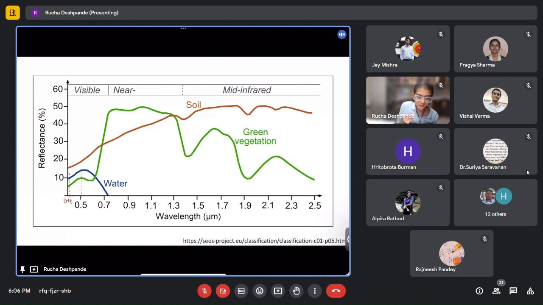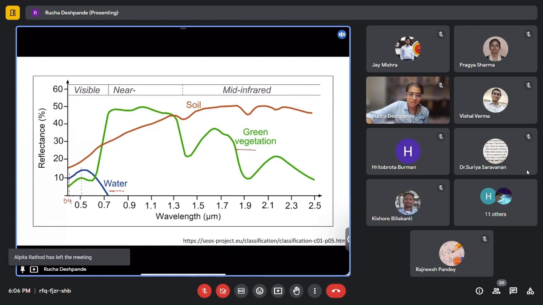In this range, this is the spectral reflectance curve of water and green vegetation. We have both water and green vegetation in our image, so we will look at how in different wavelength ranges these objects will appear.